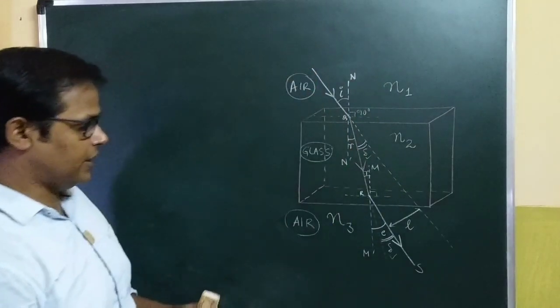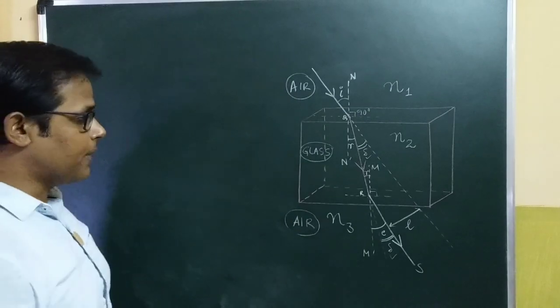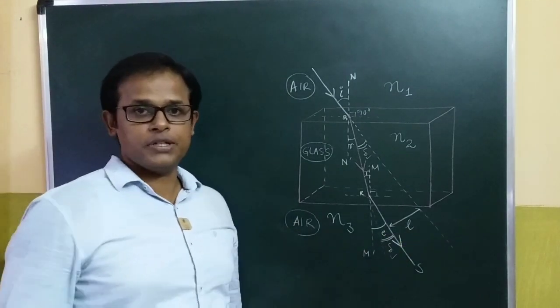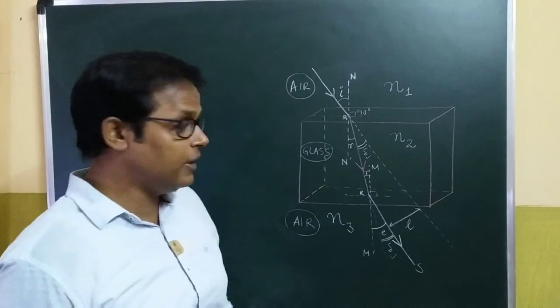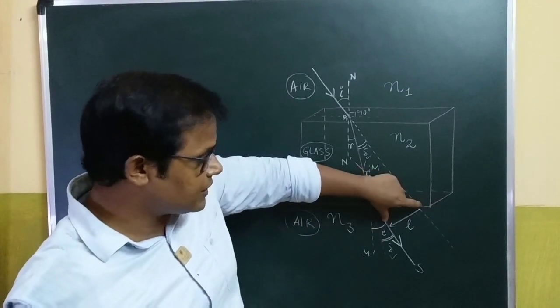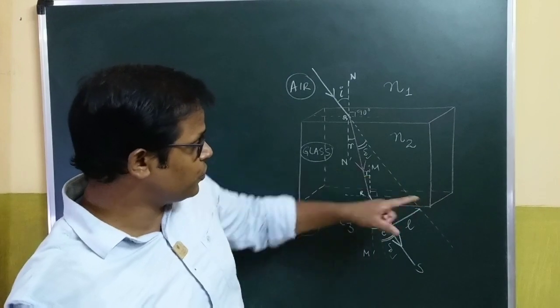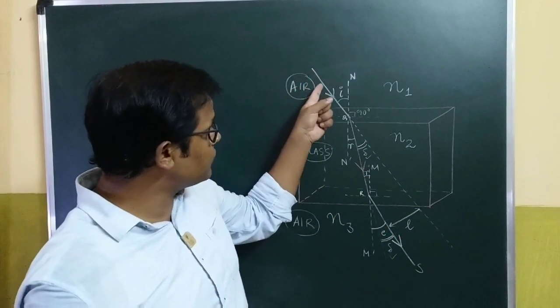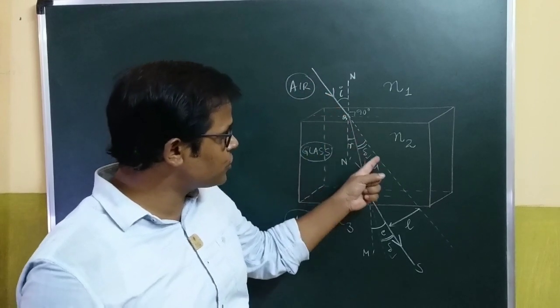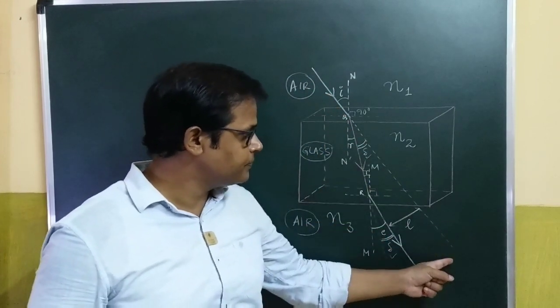All good. Correct. Now let us talk about this lateral displacement. This perpendicular distance, listen carefully. The perpendicular distance between the emergent ray and the direction of the incident ray produced forward.